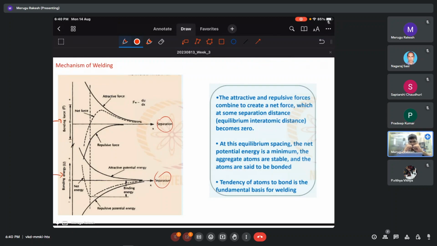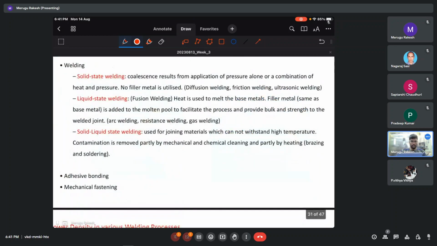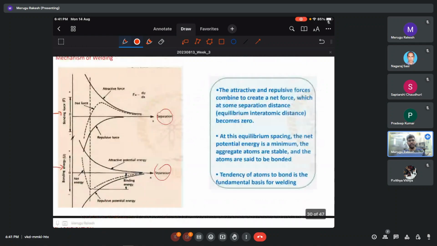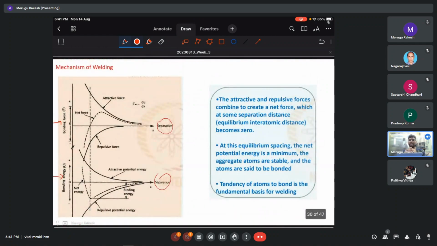But when they come close enough, the electron clouds of the two atoms will try to repel each other. There will be a separation distance at which both balance. This attraction and repulsion force is balanced at a neutral point, at which we can establish a bond between the two atoms.